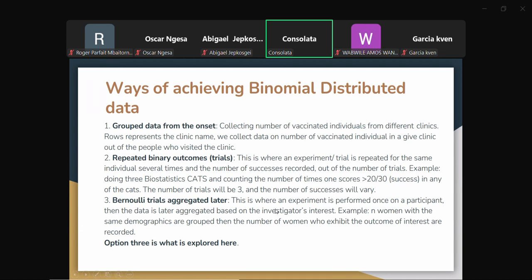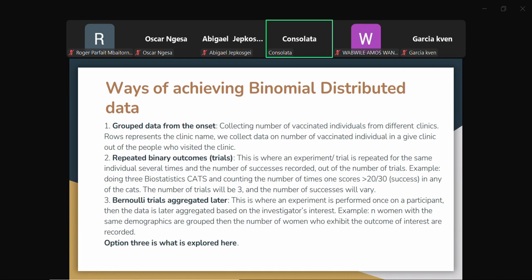This is where an experiment is performed once on a participant, then the data is later aggregated based on the investigator's interest. So for example, n women with the same demographics are grouped, then the number of women who exhibit the outcome of interest are recorded. So this is why you collect individual data, but during analysis, you group them together depending on your outcome of interest.